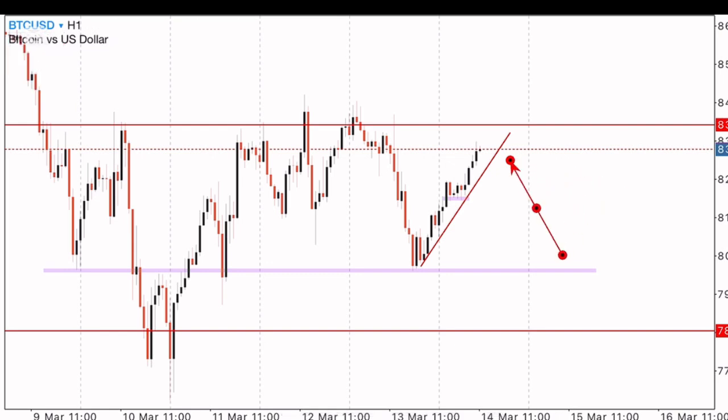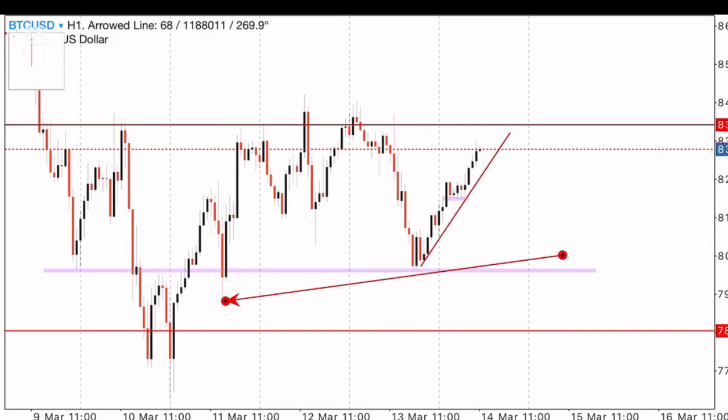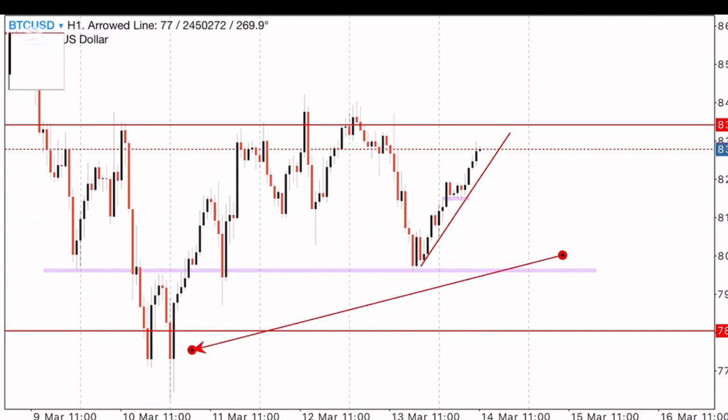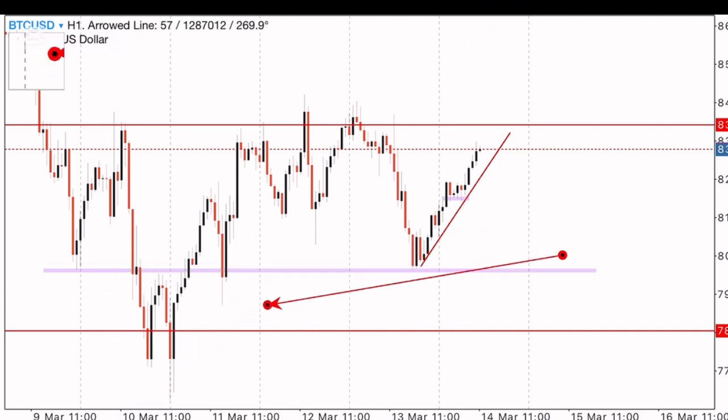Okay, you can see how price is moving from key level to key level. Now, I told you that you don't treat this as a solid line, but as a zone. You can see here, price crossed below it a little. You can see here, price crossed below this one a little. Okay, so that's just how it is.